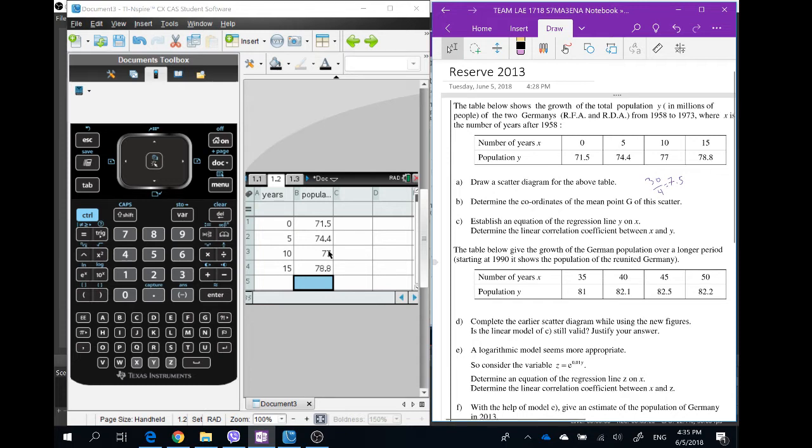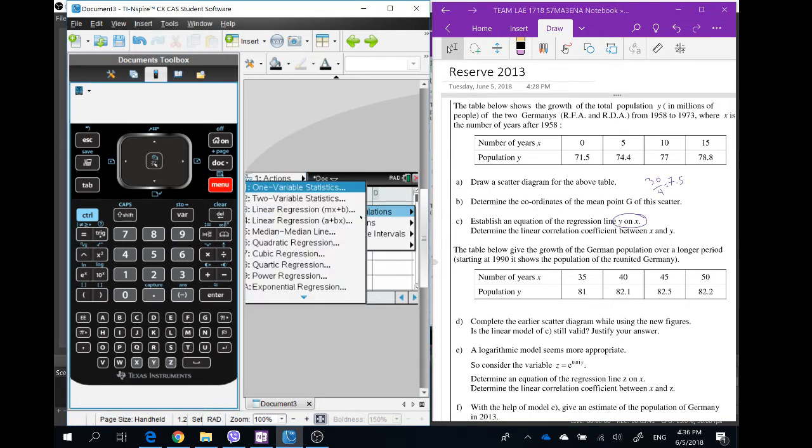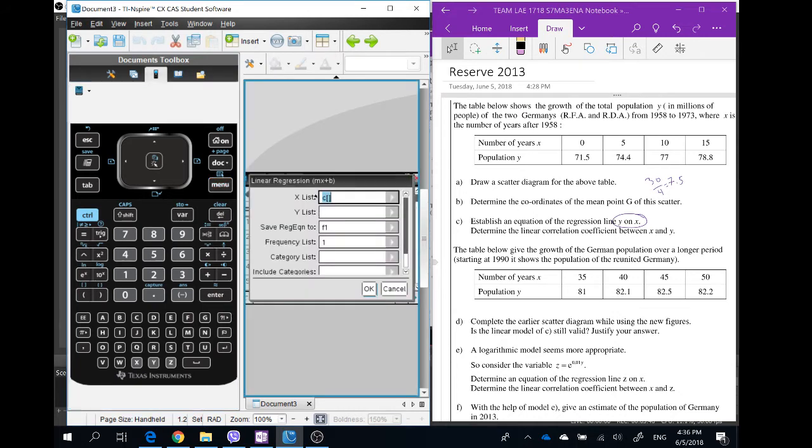Then establish an equation of the regression line y on x. So be careful, y on x. This means that like normal, y is y, x is x. So menu, statistics, stat calculations, linear regression, equation of the regression line.